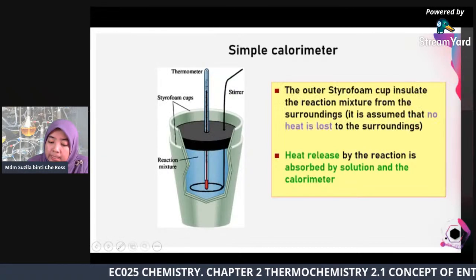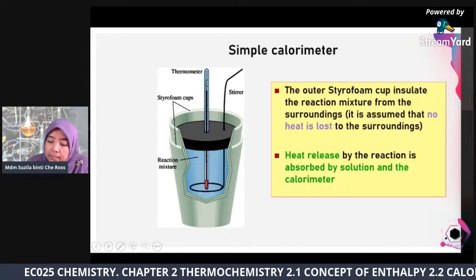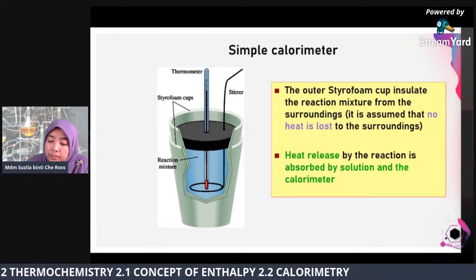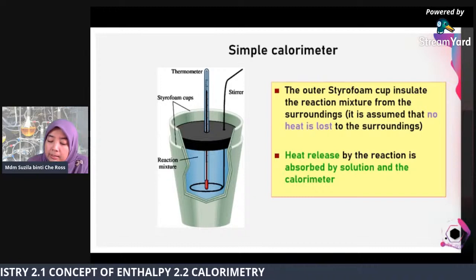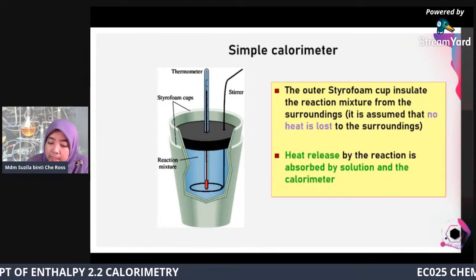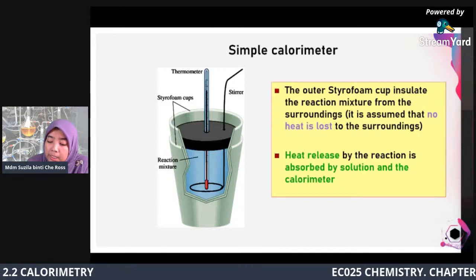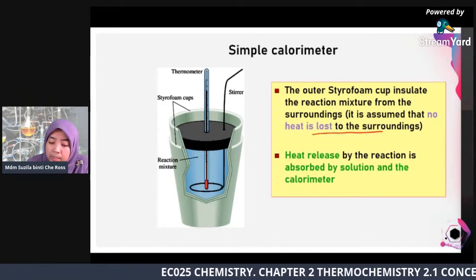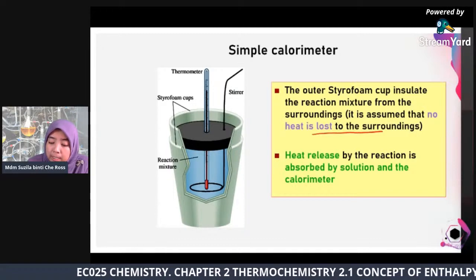We can set it up by using a styrofoam cup. The outer styrofoam cup insulates the reaction mixture from the surrounding. From this we can assume that there is no heat loss to the surrounding, and the heat released by the reaction is absorbed by the calorimeter and the solution in the styrofoam cup.